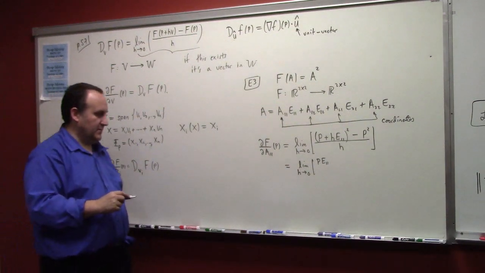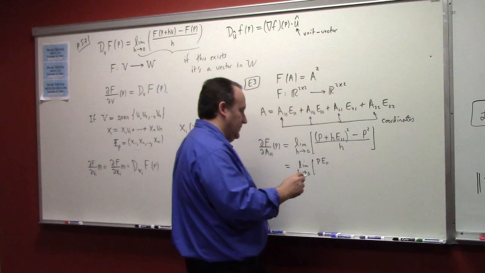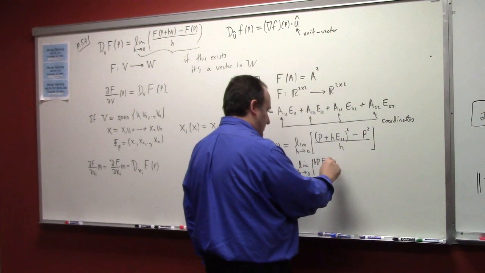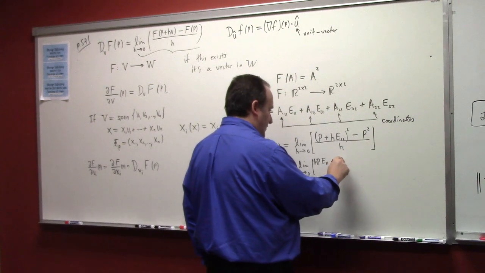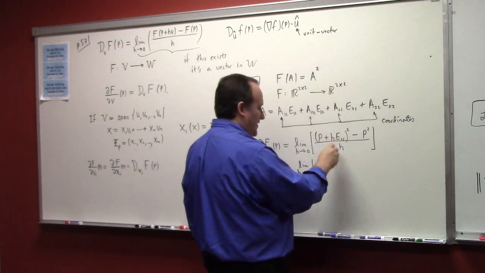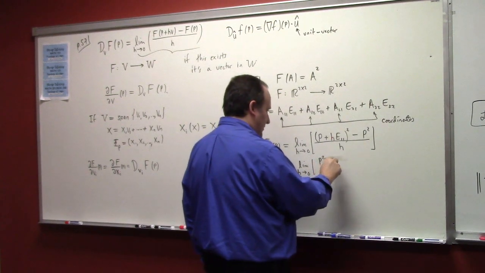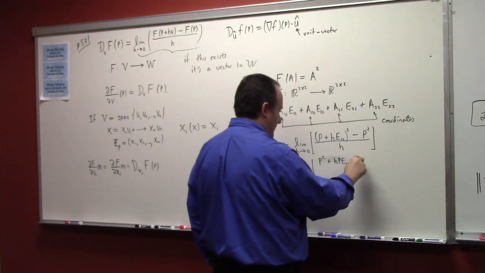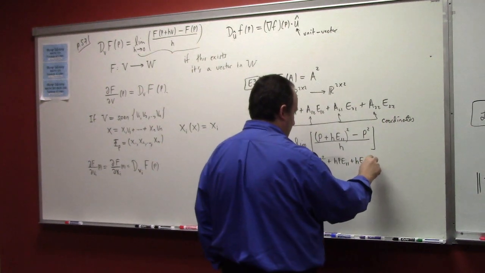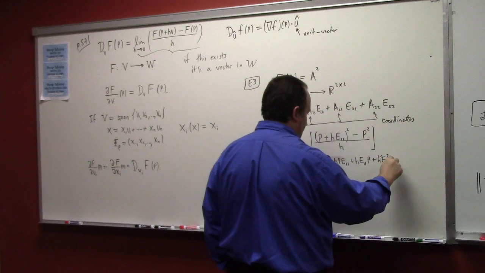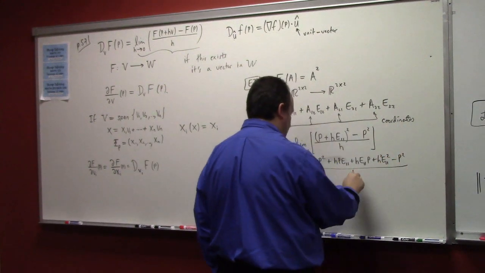So I've got an h here, right? And then I've got plus hP. My bad. Let me try this again. Multiplying this out, we got P squared plus hPE11 plus hE11P plus h squared E11 squared minus P squared, all divided by h.